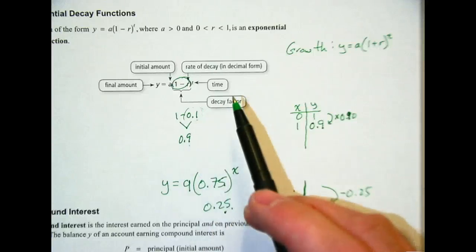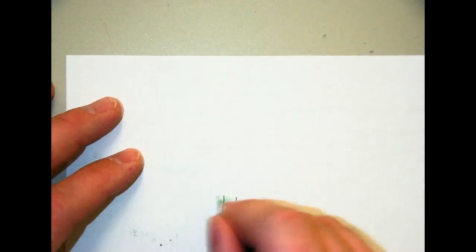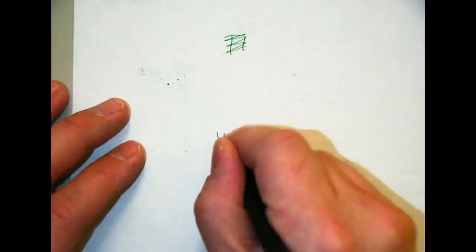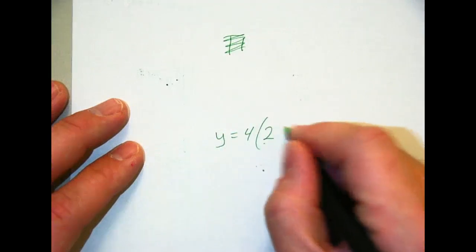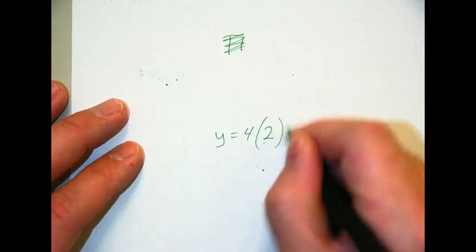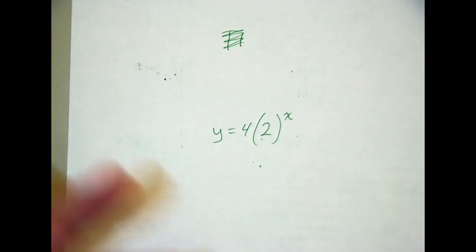We got that? Okay, so let me give you a few examples here. If I gave you y equals 4 times 2 to the power of x. First, is it growth or decay? Go ahead and tell your neighbor, growth or decay?